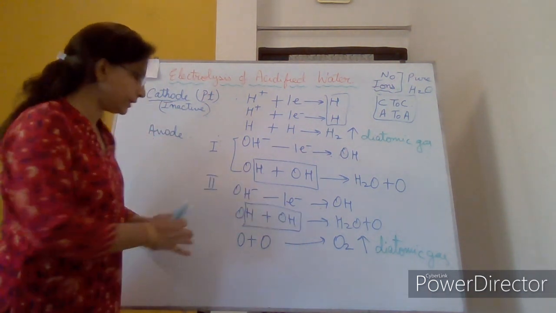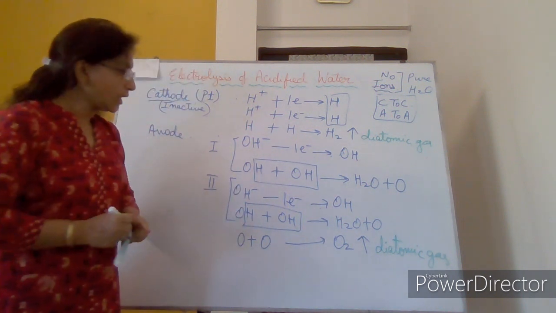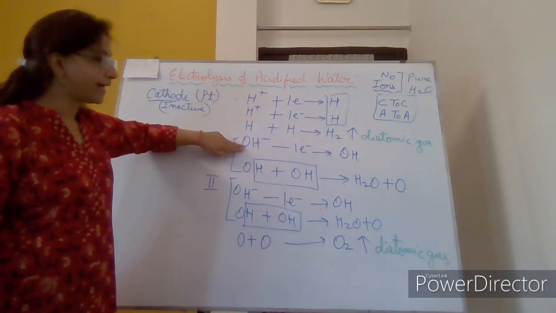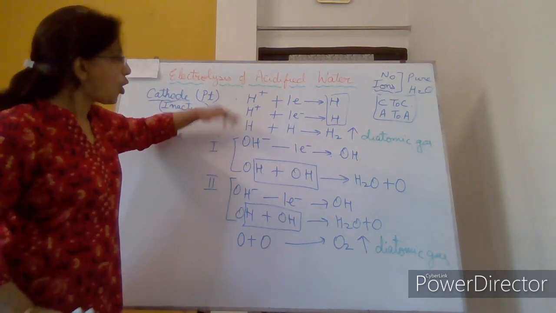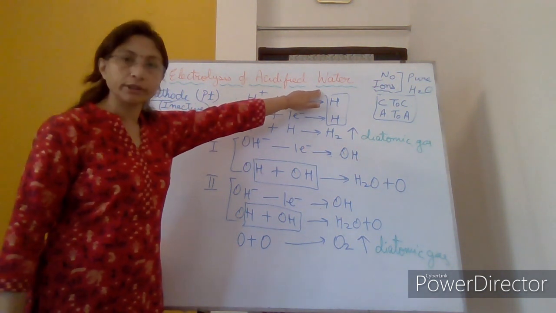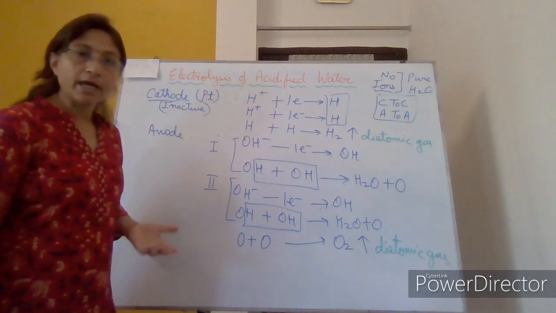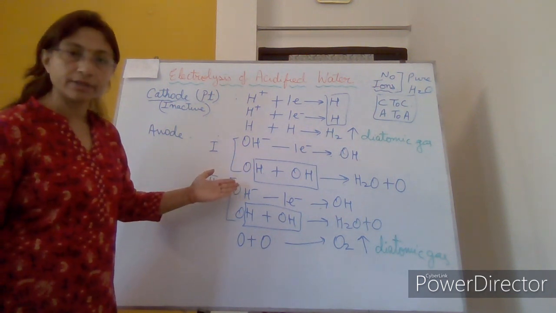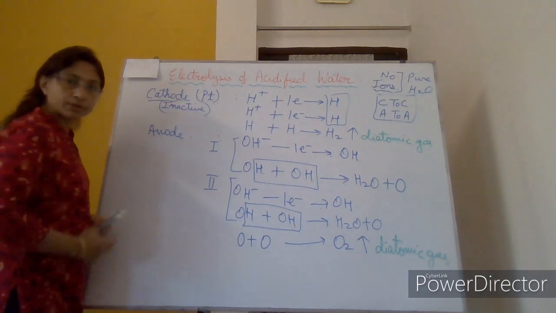How come we are getting the oxygen here? Please keep it in mind that not one hydroxyl ion is getting discharged. All the hydroxyl ions which are present in the water will all be discharged simultaneously, and simultaneously this reaction will occur. Now, what is the observation?